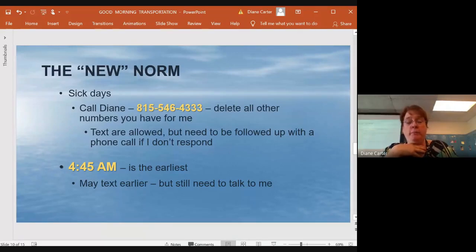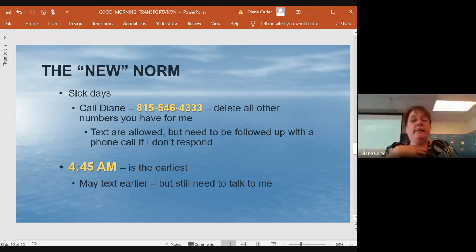They will be between you and me, though they will probably be reported upline to our head nurse, just to make sure we don't need to take any other precautions, especially with COVID symptoms. I'd let you know after I talk to our director of nursing whether or not we want to go any further with it.